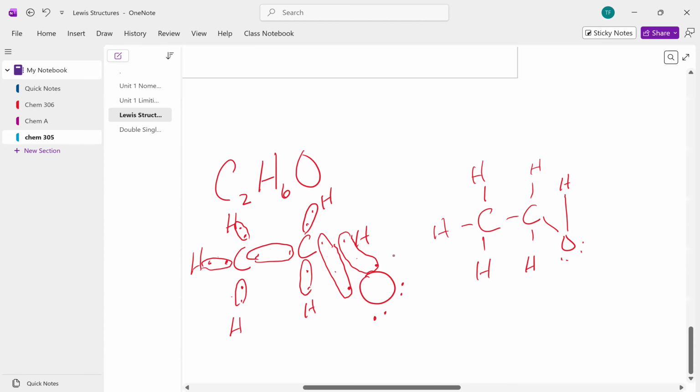Now, that's ethanol, also known as drinking alcohol. It's a 2-carbon primary alcohol. Okay, so let's redraw this a little bit. If you look this up online, it won't look like that. We're going to straighten the OH up, so it'll look like this.